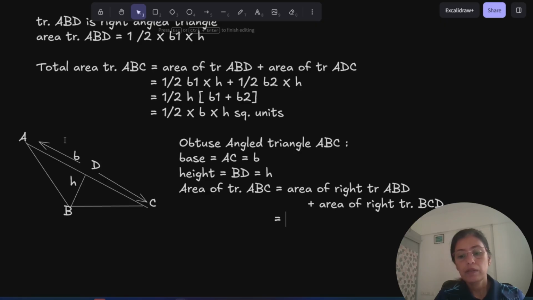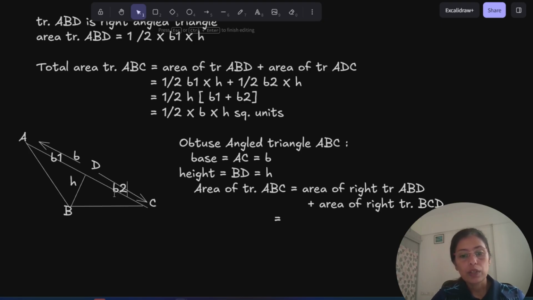So here we can say right triangle, if we are supposing breaking it into two again, we call this B1 and we call this B2, right?